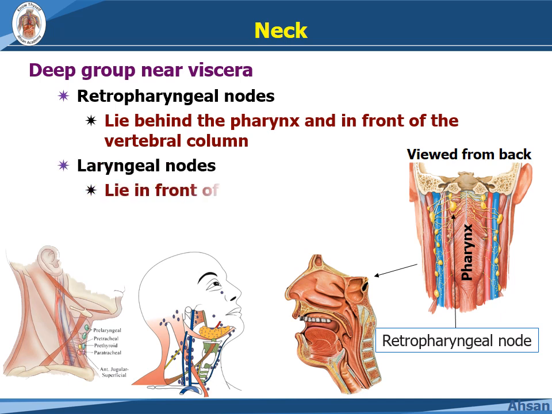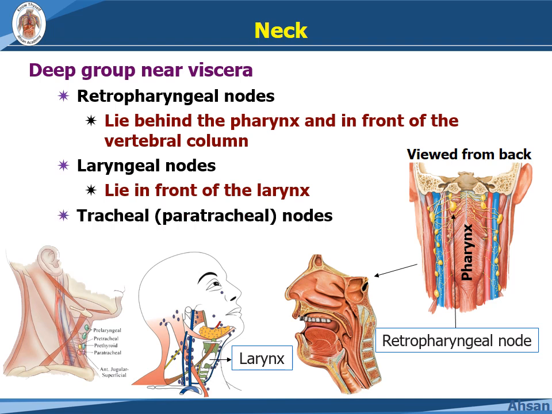The laryngeal lymph nodes lie in front of the larynx. The third figure from the right shows the larynx, and in front the dots are the position of the laryngeal lymph nodes. Below the larynx there is the trachea. In front of the trachea, a group of lymph nodes are there. These are pretracheal lymph nodes.